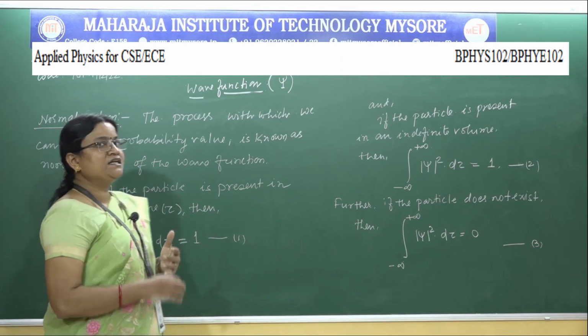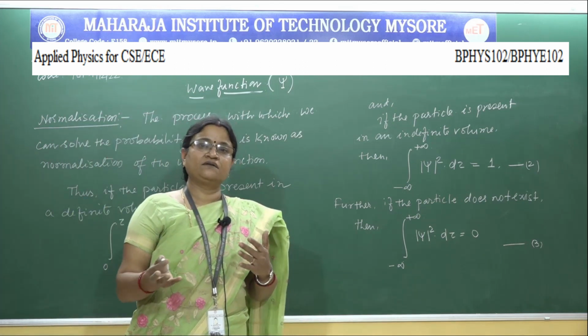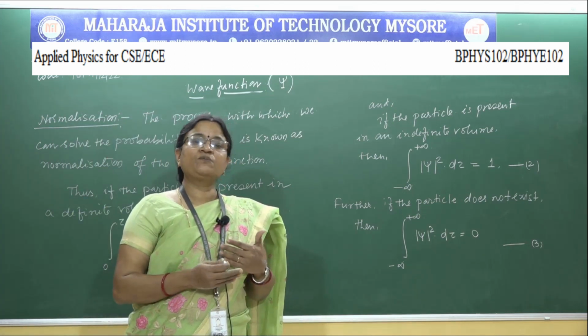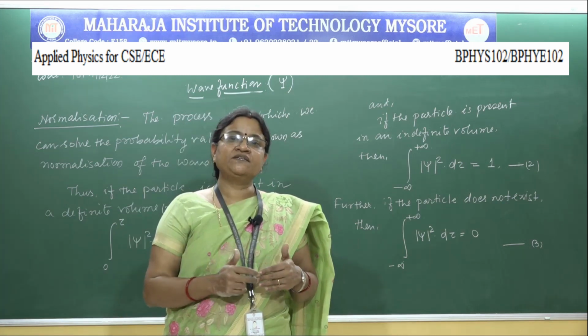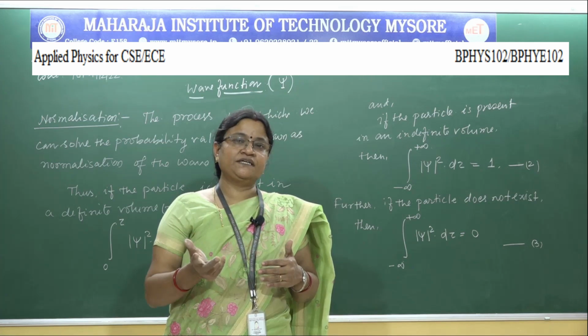And if the particle is present anywhere in space, then what will be the limit? Anywhere in space means the limit is minus infinity to plus infinity.